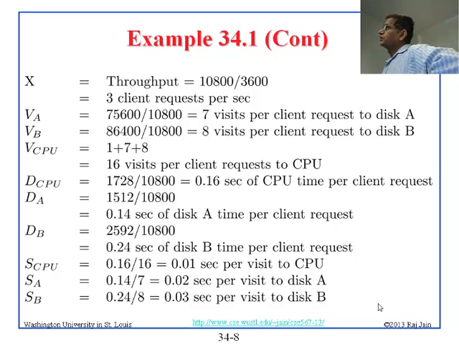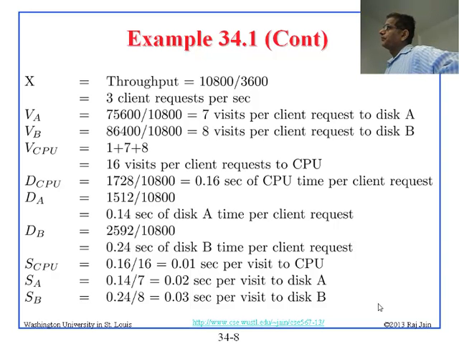Total time at the CPU is from the busy time, 1700 seconds, divided by number of jobs. We can say each job takes 0.16 seconds. Similarly, at disk A, each job takes 0.14 seconds. Similarly, at disk B, each job takes 0.24 seconds. Now we know the visits and we know the total demand.